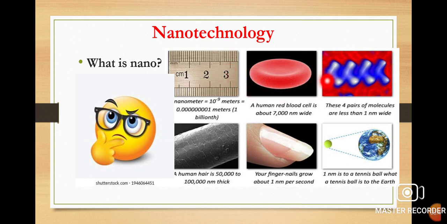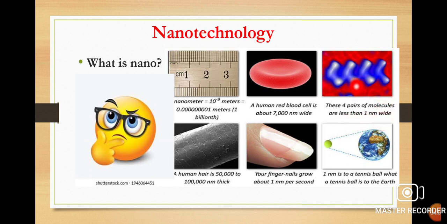You observe the second figure. Here a human red blood cell is shown, which is about 7,000 nanometers wide. In the third figure, a pair of molecules is less than 1 nanometer wide.